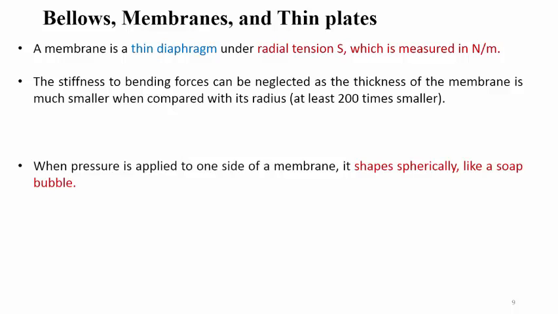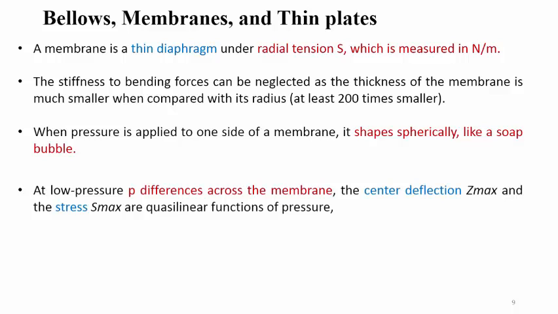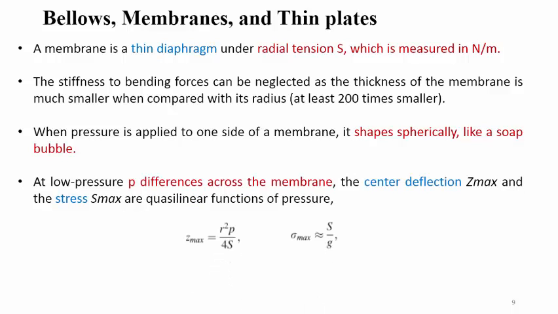When pressure is applied to one side of the membrane, it takes a spherical shape like a soap bubble. That means after applying a pressure, the shape of the diaphragm or membrane changes. At low pressure P difference across the membrane, the center deflection Gmax and the stress Smax are quasi-linear functions of pressure.